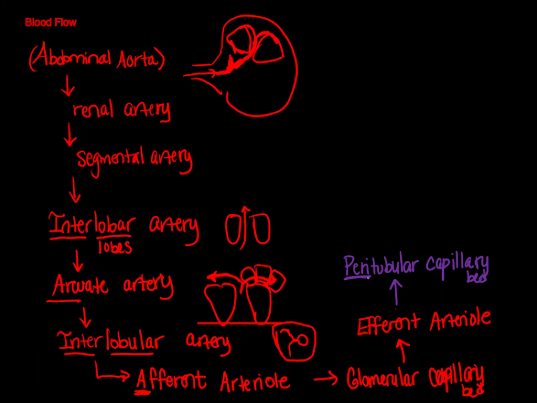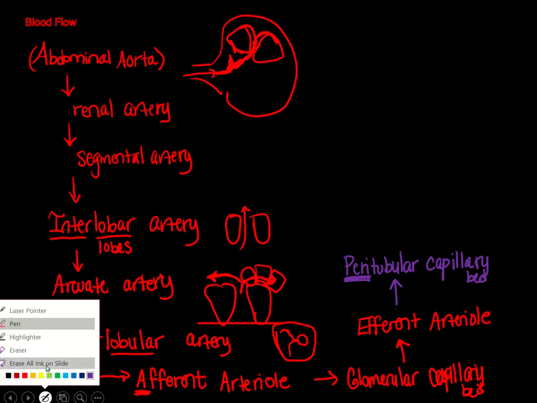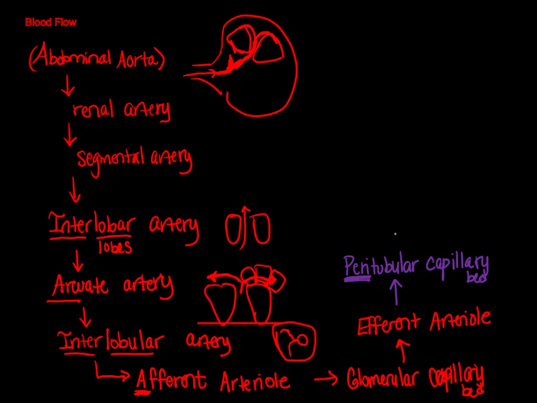And so peri meaning near or around, right? And then this peritubular capillary bed is going to collect deoxygenated blood from the surroundings and take it, we're going to just go back exactly the way we came.